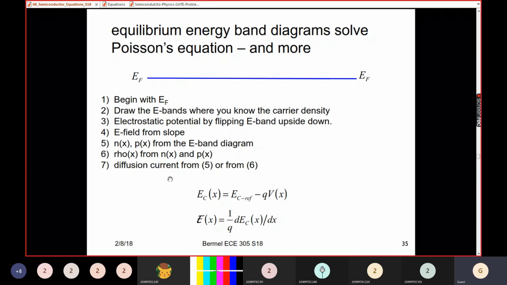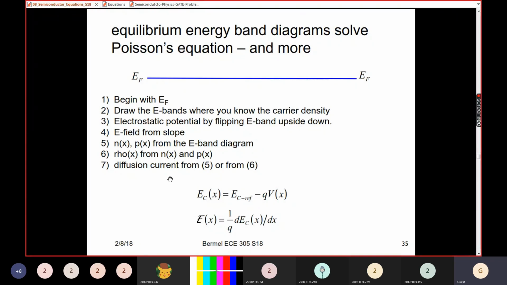So this is how you calculate the Poisson equation if the given energy band has two different boundaries. First we have to find the value of n of x, and then the value of p of x. Then finally, after finding these two values, we can find the value of rho of x.